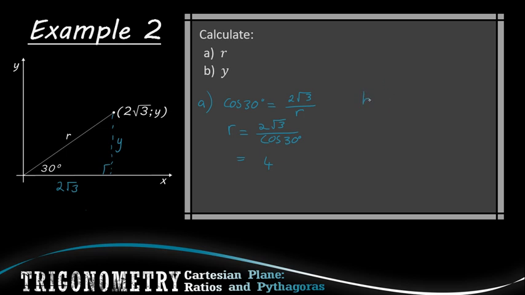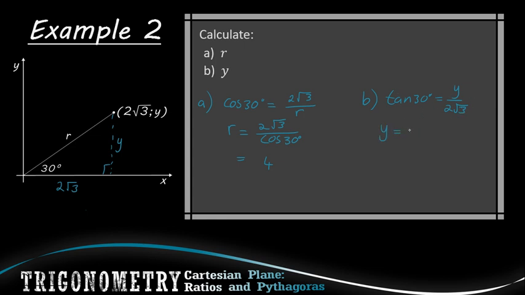Right, we need to find y, and here we have a choice. We can use Pythagoras, although I would go the safe way and rather use the information that's already given. We can use the trig ratio which contains the opposite side and the adjacent side, and that would be tan once again. So tan 30 degrees is equal to y over 2 square root of 3, and then we solve for y.